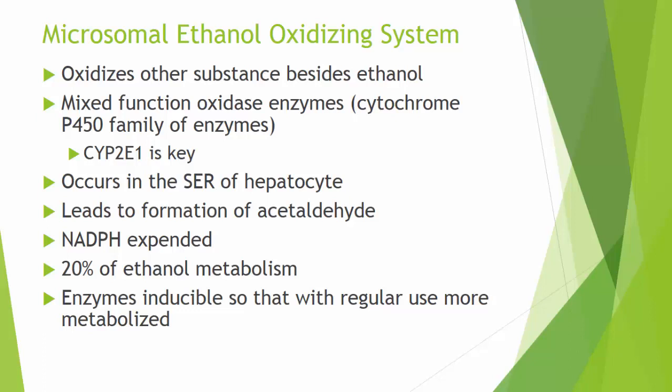We use the term that the enzymes are inducible. That means that with regular alcohol use, the enzymes are produced in greater quantity, and so the MEOS can handle more ethanol. So the person that develops tolerance can drink alcohol and not get drunk as quickly as somebody who doesn't use alcohol on a regular basis.